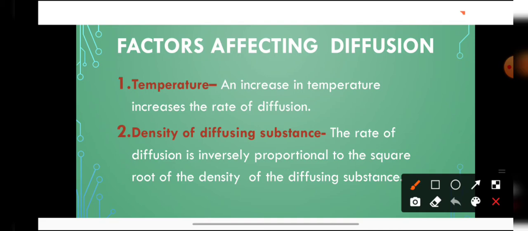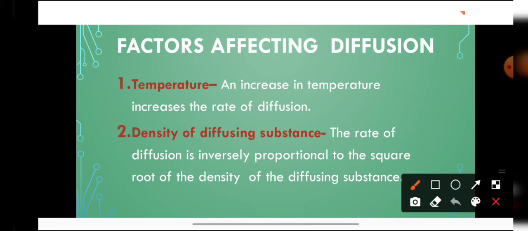Second is the density of the diffusing substance. The rate of diffusion is inversely proportional to the square root of the density of the diffusing substance. Dear students, this is also known as Graham's law. It means the rate of diffusion will decrease if the density of the diffusing substance increases. If a molecule is more dense or more concentrated, then naturally the rate of diffusion will be slow.